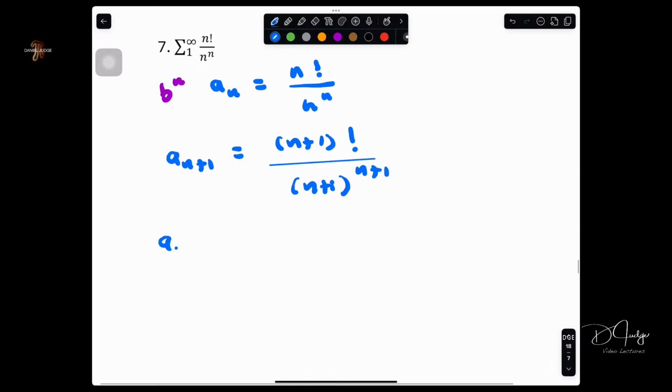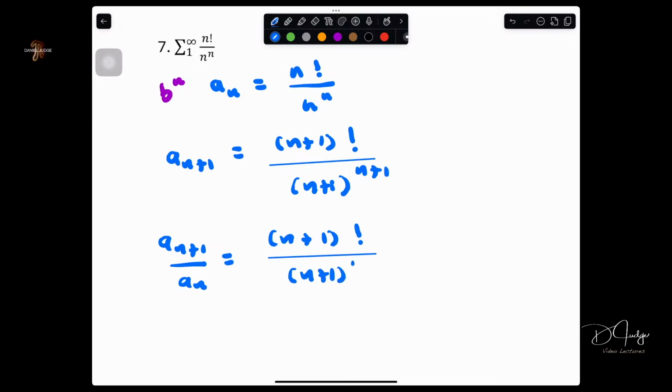So a_{n+1} over a_n is n plus 1 factorial over n plus 1 to the n plus 1 power times n to the n over n factorial here. Don't forget, we need to take this in absolute value now.